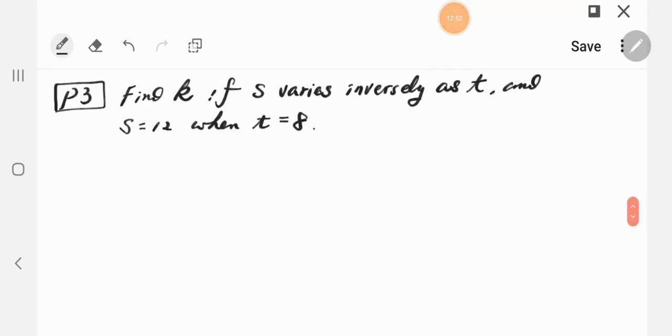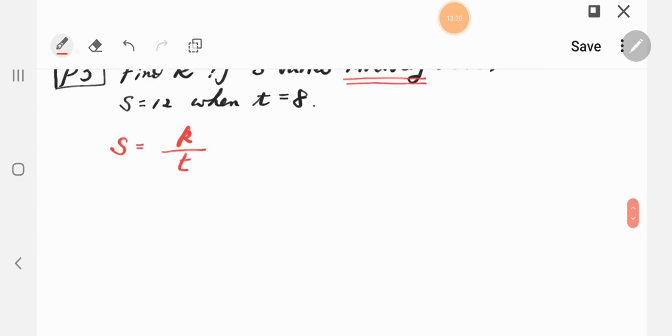Problem number 3. Pause this and try finding the constant of variation K. All right, S varies inversely as T. So this is inverse variation. The equation will be S is equal to K divided by T. The S value is 12, and T equals 8.